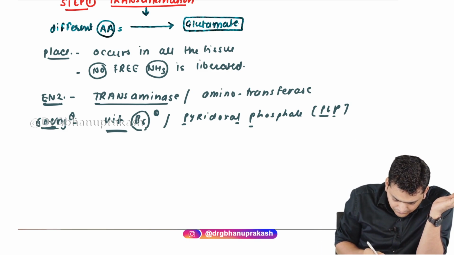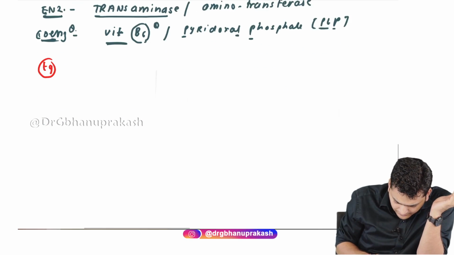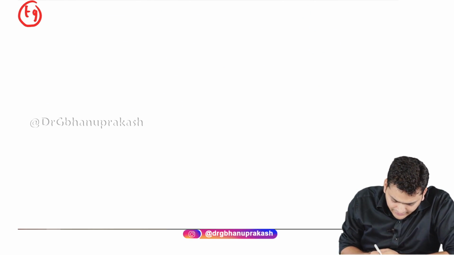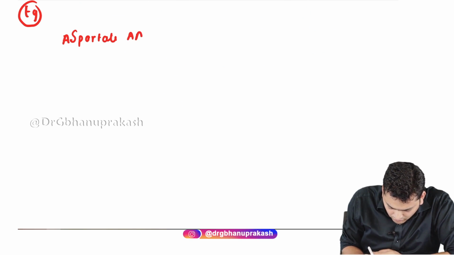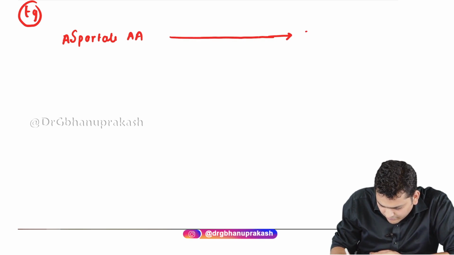How are we going to do that? The first example I am taking is the amino acid aspartate. If I have aspartate and I want to do transamination, I want to convert this molecule into the product that is fixed, that is glutamate.